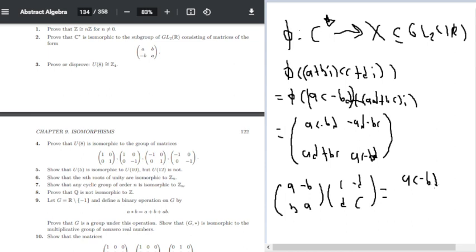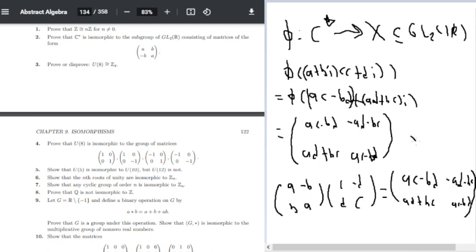Yeah, that's correct. Then we have negative ad minus bc. Then we have bc plus ad. And then we have ac minus bd.